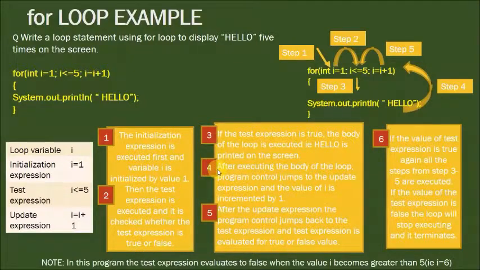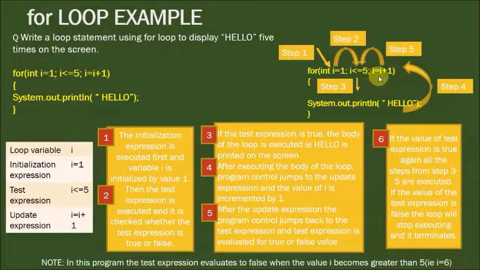Step number 4. After executing the body of the loop, program control jumps to the update expression and the value of i is incremented by 1. You can see it is indicated by an arrow that after the completion of the execution of the body of the loop, step 4 is to jump to the update expression.